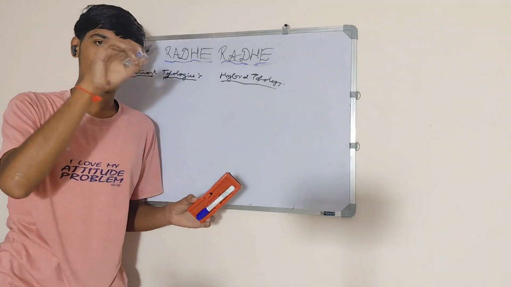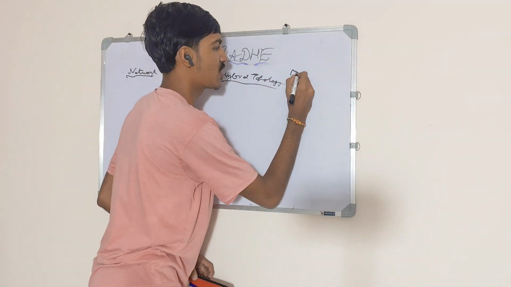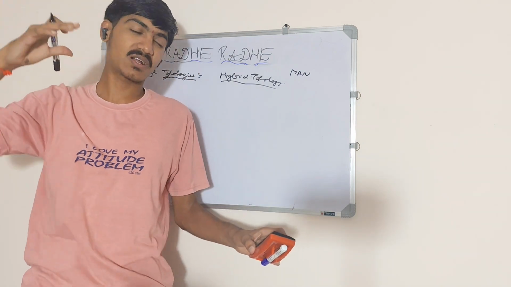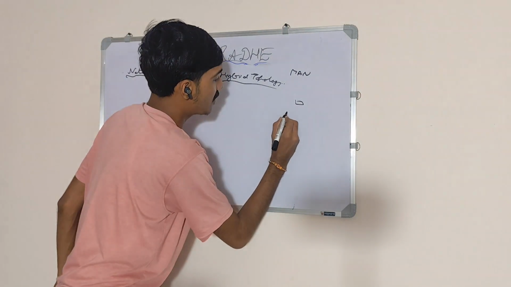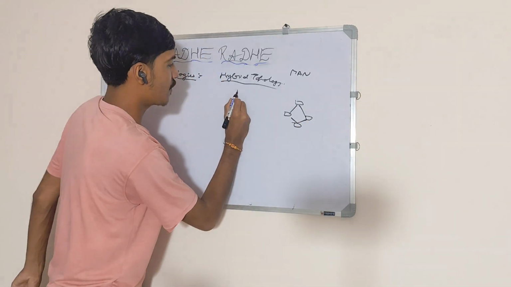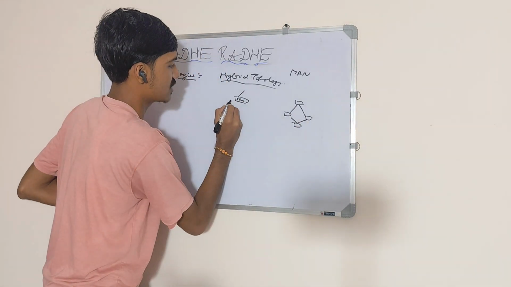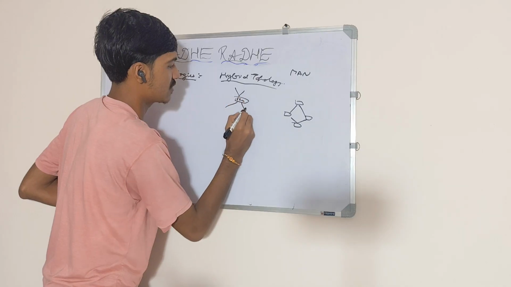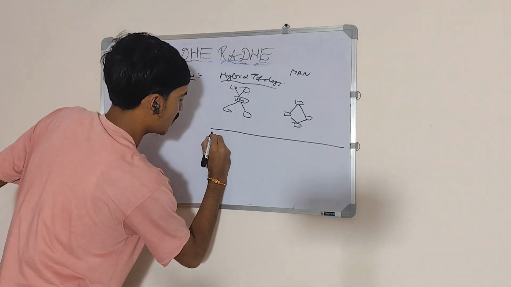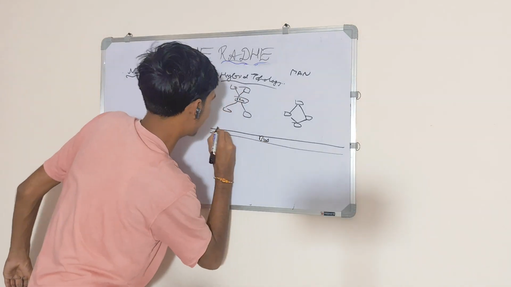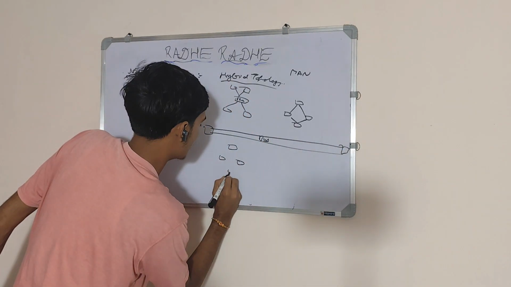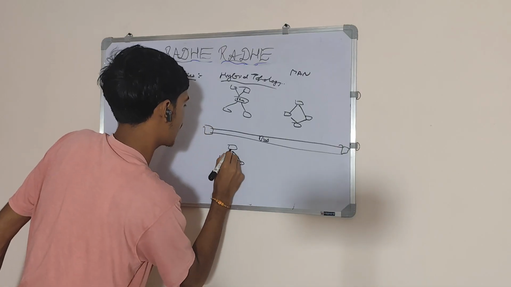Suppose you are looking at a metropolitan area network. From the city perspective, few offices are connected using ring topology, few offices are connected using star topology. Here we have a central bus, and here we have mesh topology, 1, 2, 3, 4, 5, 6.